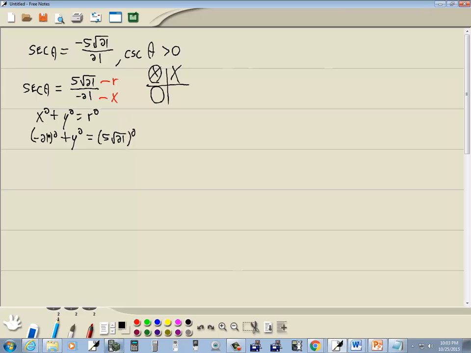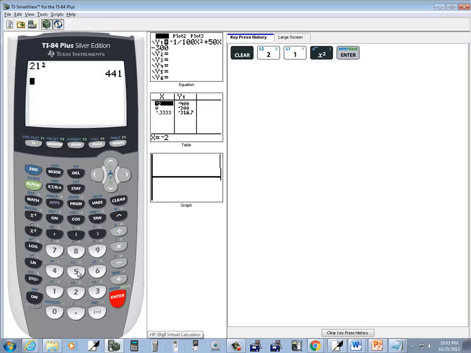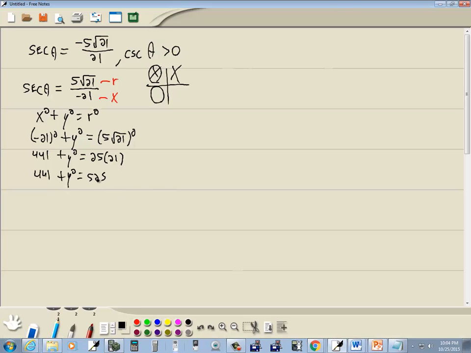Of course, a negative 21 is still positive, so 441 plus y squared. And when I square this, I square the 5, which gives us 25, and I square the square root, which cancels and gives us the 21 there. So I got 441 plus y squared equals 25 times 21, which is 525. Take the 441 over, so I got 525 minus 441.